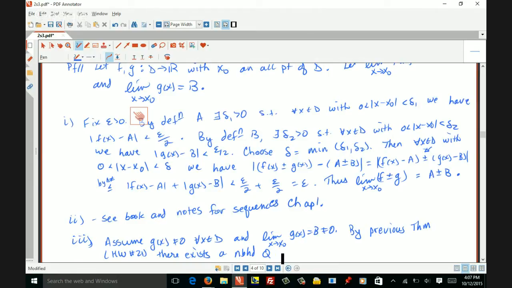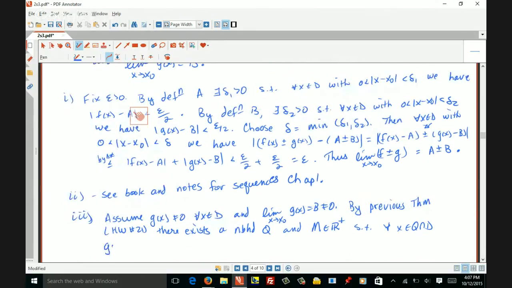There exists a neighborhood Q and an M in R plus such that for all x in Q intersected with D, g of x in absolute value is greater than or equal to M. R plus means that M is not equal to 0, so this value right here is strictly bigger than 0. That's going to be important to us because we're going to have some division issues.